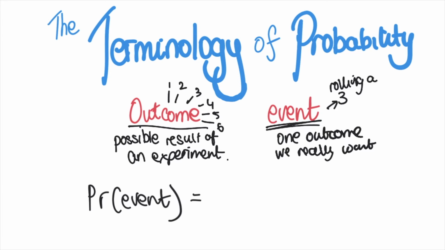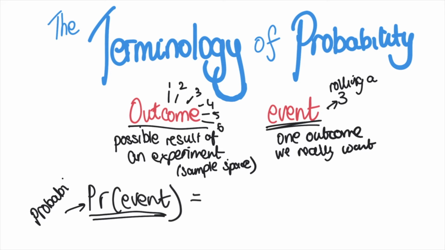So to make it very clear, an outcome, that's all the possible results of an experiment. So if it says, what outcomes are available, you list all the different results of an experiment, otherwise known as the sample space. But the event, what we're really looking at in probability, the likelihood of an event, is the one outcome we really want. So to calculate the probability of an event happening, this PR is just the word probability.